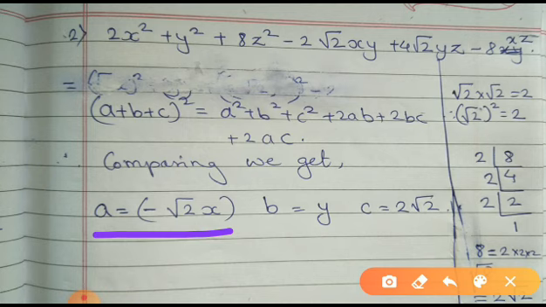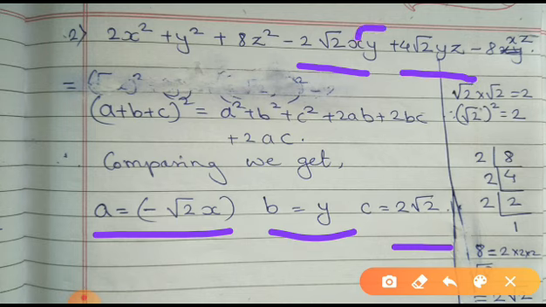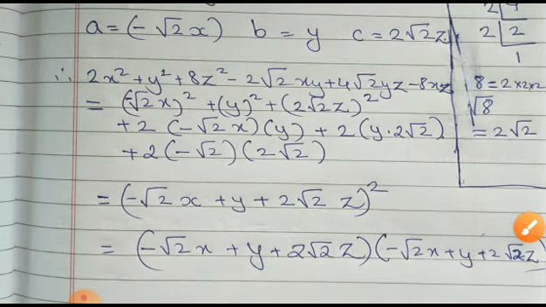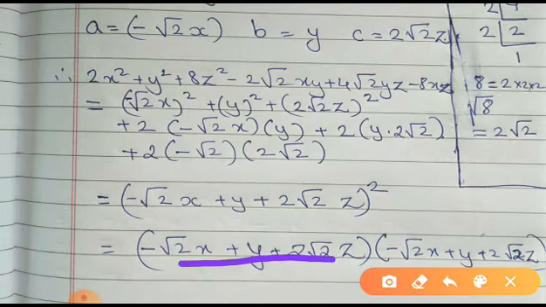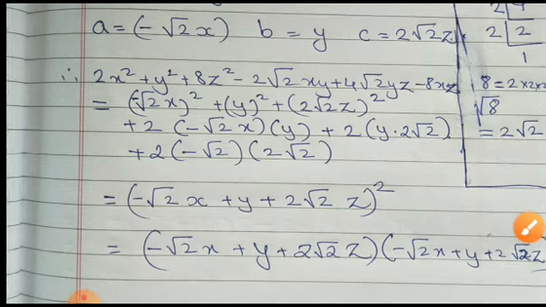A will be minus root 2 x, b will be y and c will be 2 root 2 z. Okay, clear? Why is a negative? Because x into y quantity is negative, but y into z is positive. So make use of the identity and you will get this as a product of factors.